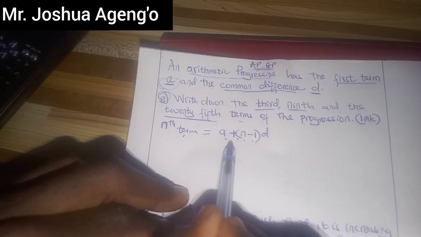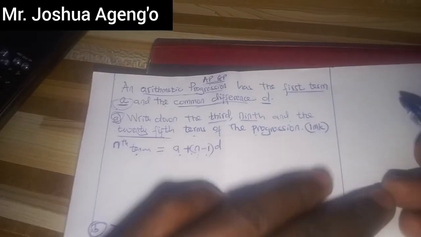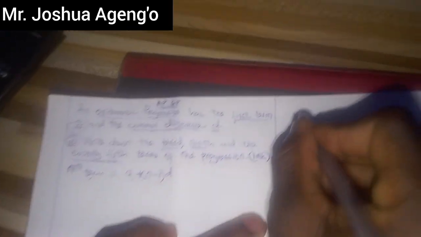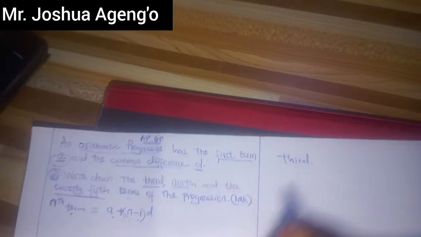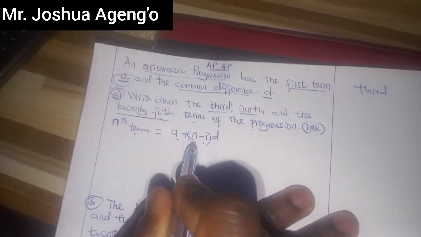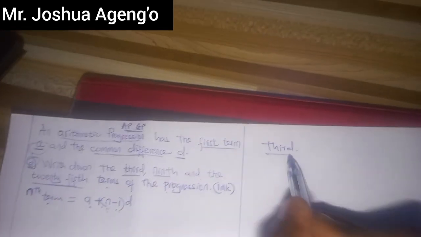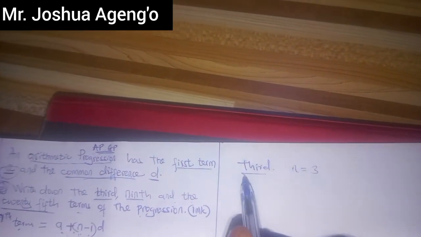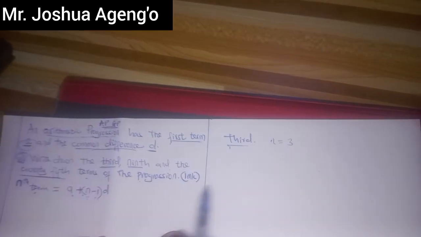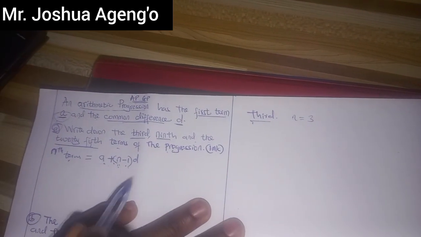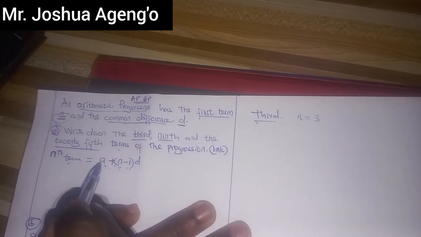These are very important things that you need to master, such that if you want the third term, then here n stands for the position, such that for the third term n is 3.